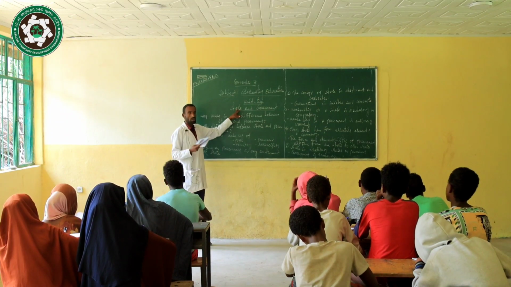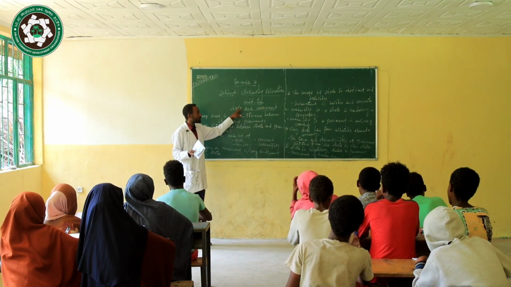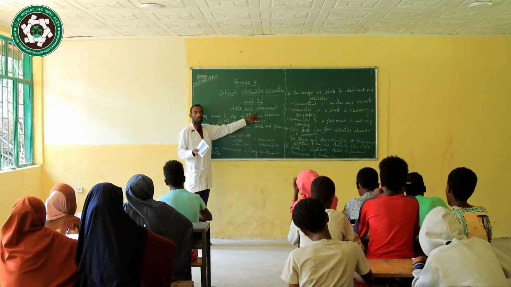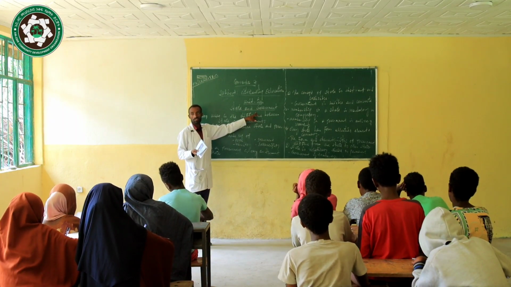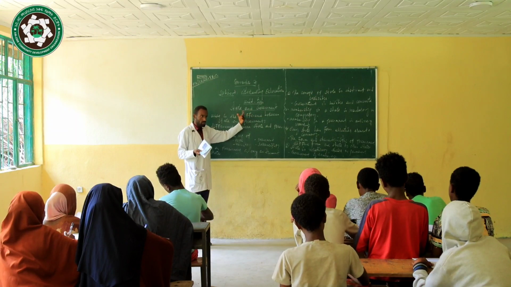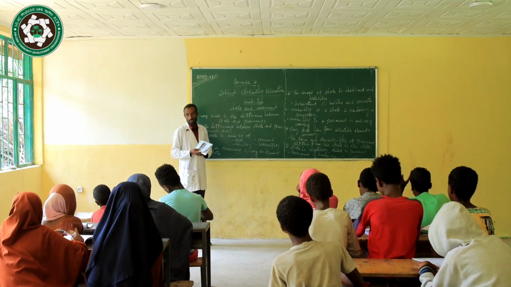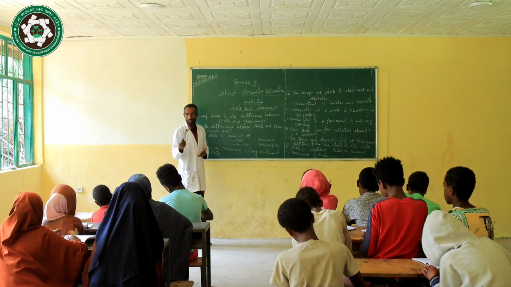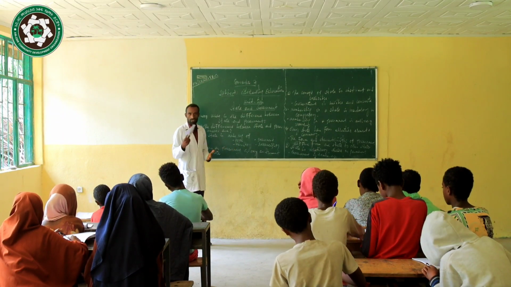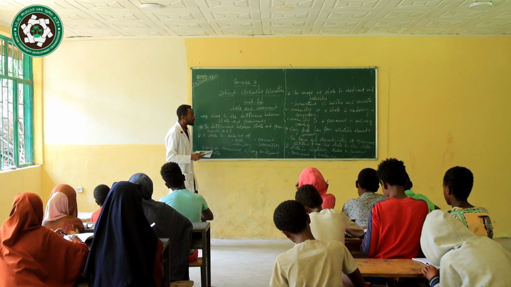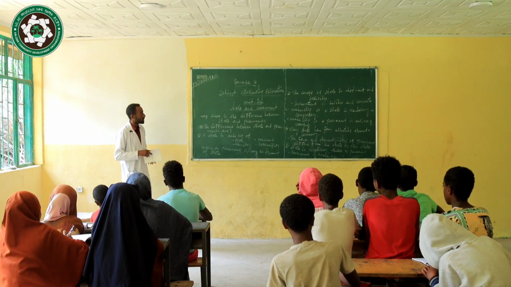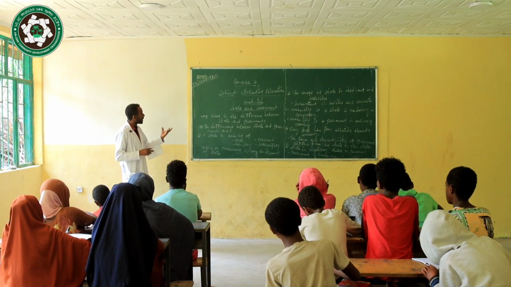You know the meaning of state properly from the previous class, and the same is true for the meaning of government. So now we have to compare and contrast state and government. State means this, whereas government is this. Government is this, whereas state is this. So we have to differentiate between those two things.